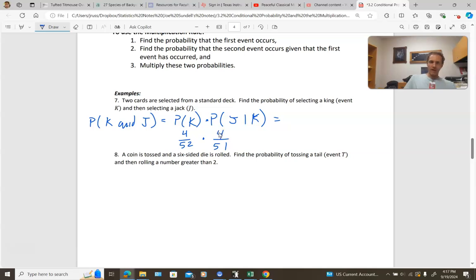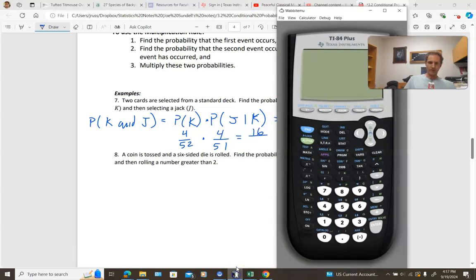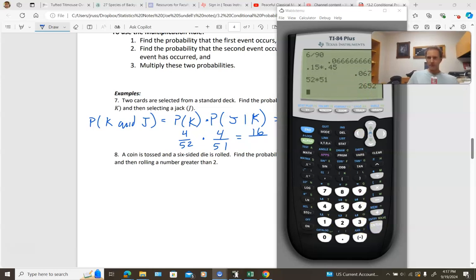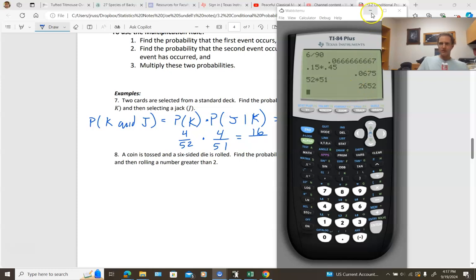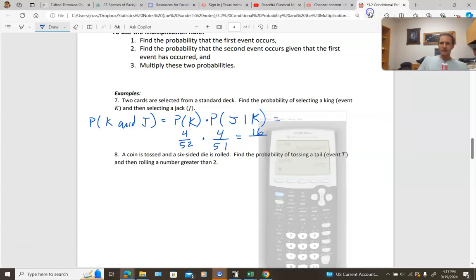So 4 over 51, that's the probability of drawing a jack given that a king has already been taken. And then if we multiply these, we're going to get 16 over whatever 52 times 51 is, 2,652.